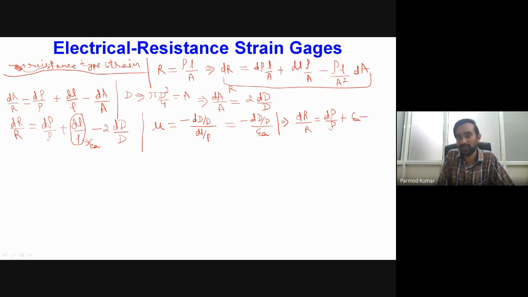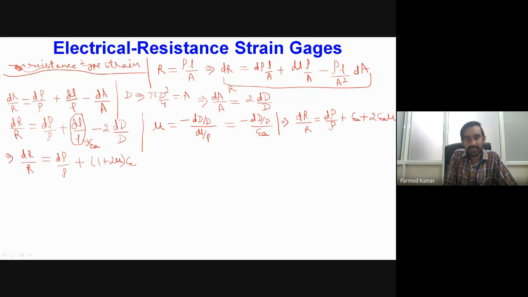So it will become plus 2 mu times epsilon A. Okay. And finally, I can write from here that the change in resistance divided by the original resistance is equal to the change in resistivity divided by rho plus, over here there will be 1 plus 2 mu times epsilon A.